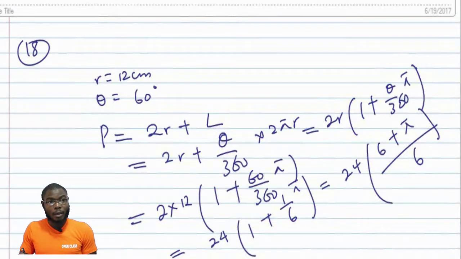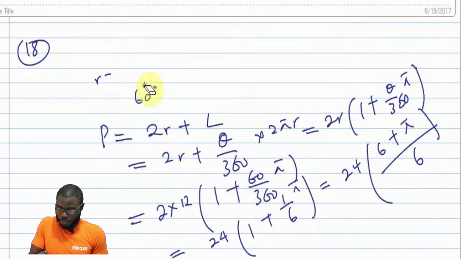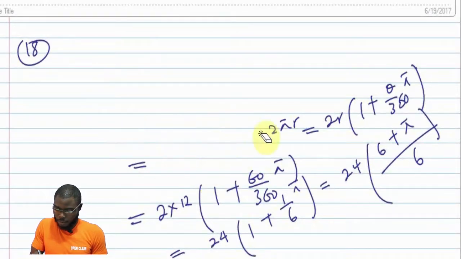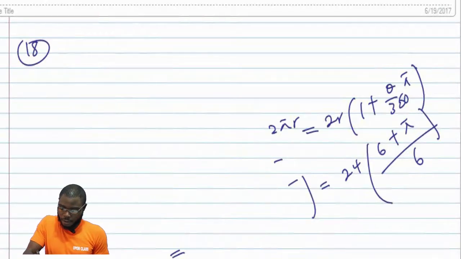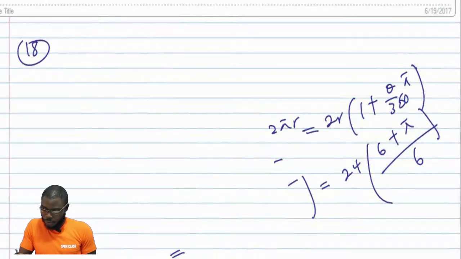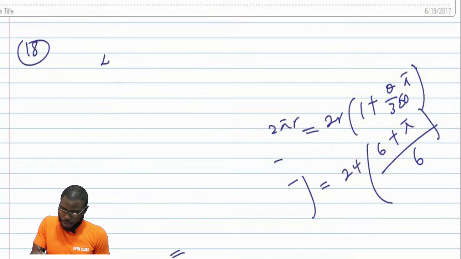So now you have this equal to, 6 goes in 24 4 times. So you have 4 into 6 plus pi.